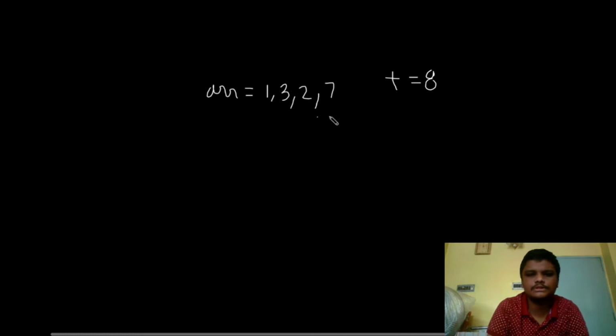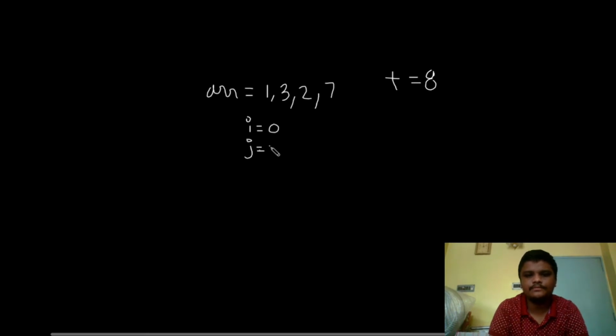The first step is that we can check each pair. We will have a pointer i which will be initialized to 0, and another pointer j which will be pointing to i plus 1.